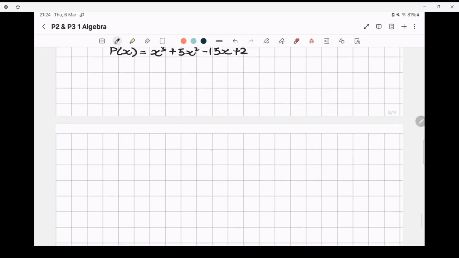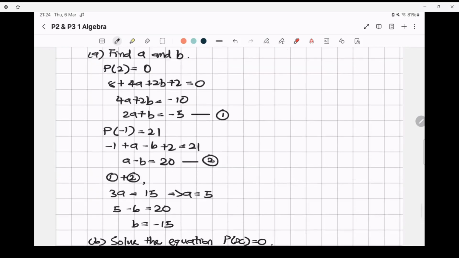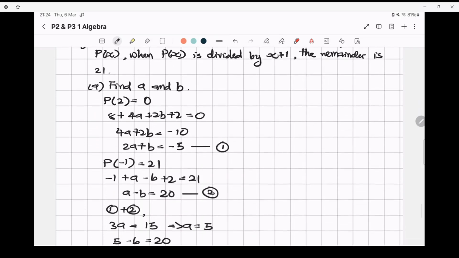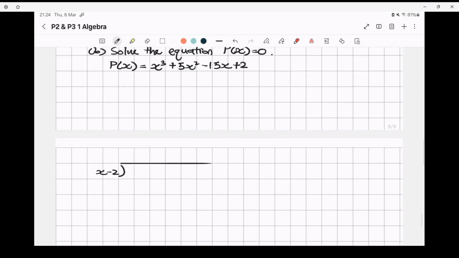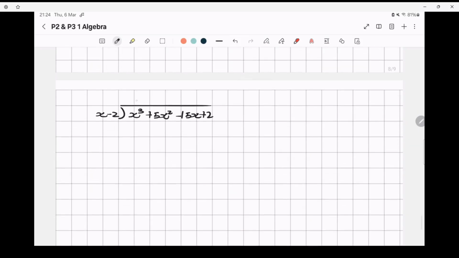So then you can do the long division. So remember that you cannot use x plus 1 because it doesn't factor out perfectly. So you will need to multiply x squared over here. You get x cubed minus 2x squared. So have a minus sign. 7x squared minus 15x plus 2.